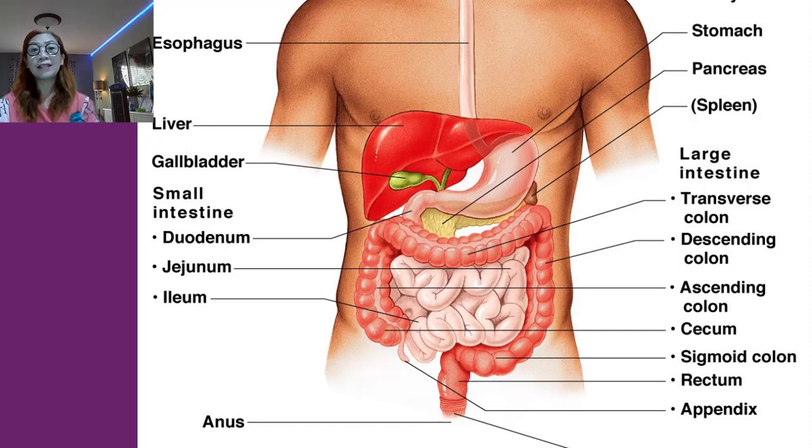The small intestine has three subdivisions: first is the duodenum, then the jejunum, and the ileum, which contribute 5%, nearly 40%, and almost 60% of the small intestine respectively. The ileum meets the large intestine at the ileocecal valve, which joins the large and small intestine.